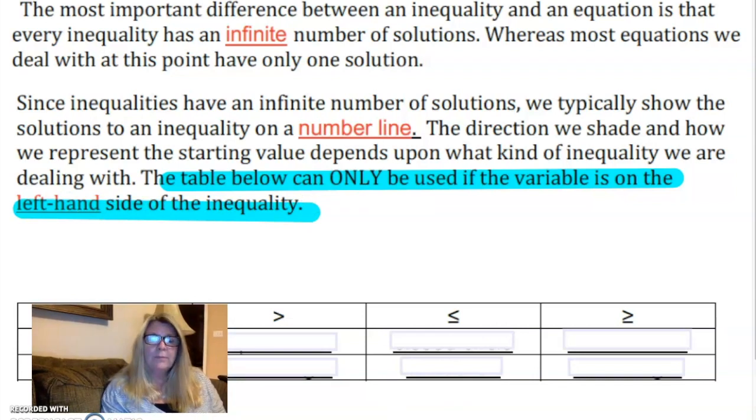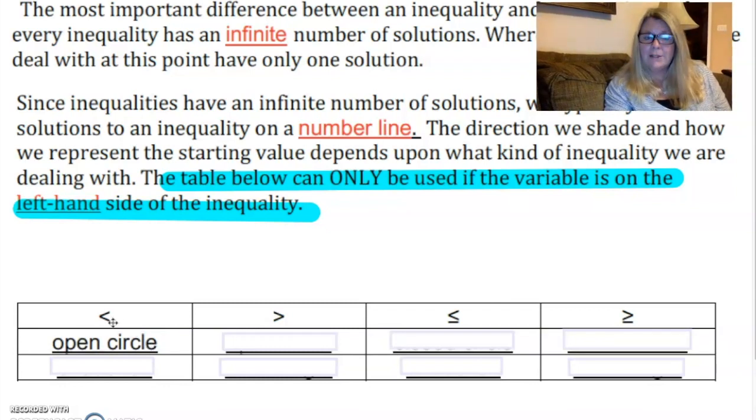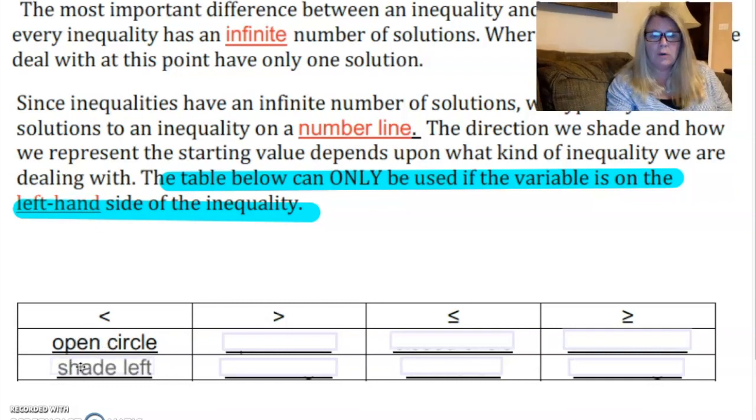So let's go up here and uncover what our symbols say. This is the less than symbol. If we don't have an equal to sign with it, we don't include that point. It has to be smaller than that point, so we use an open circle, and we shade to the left. So it would look something similar to this.